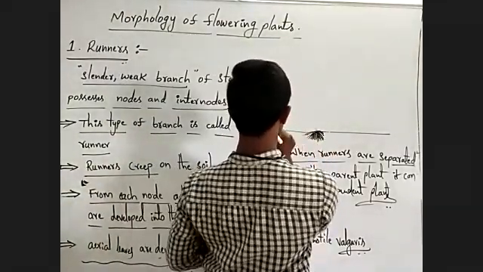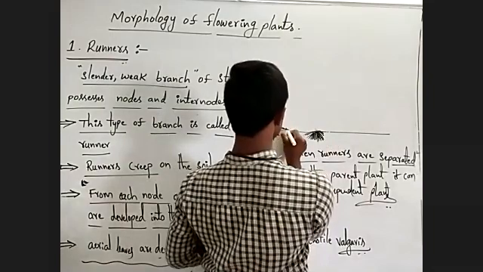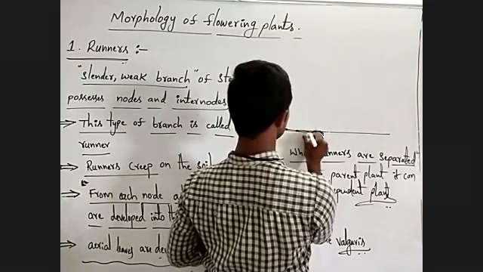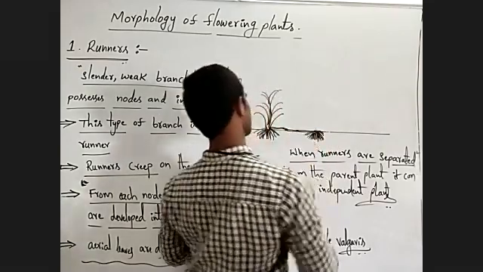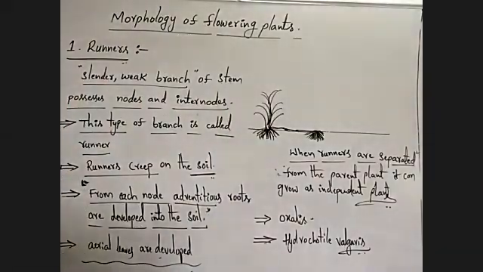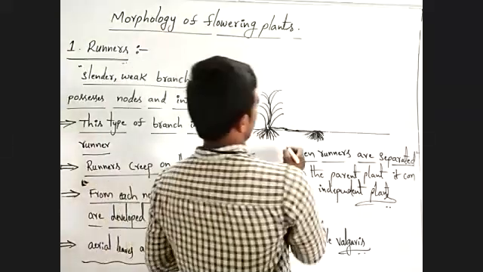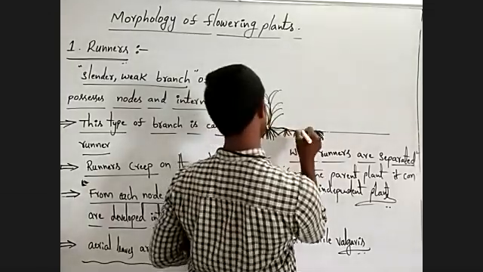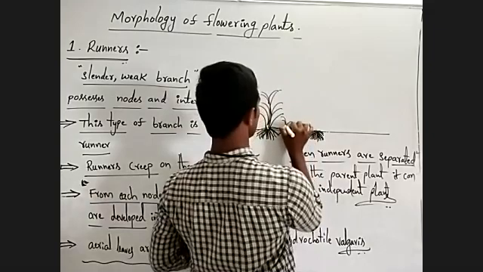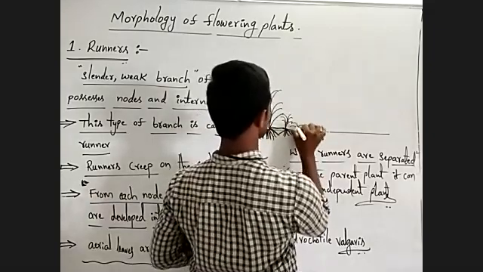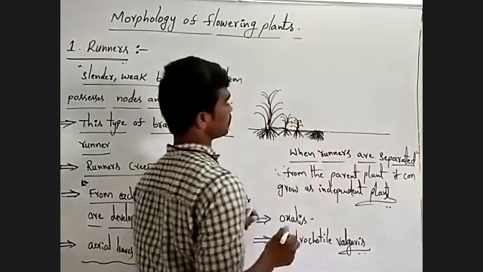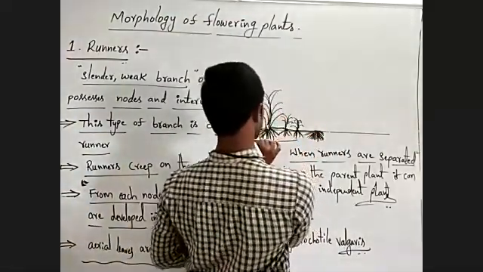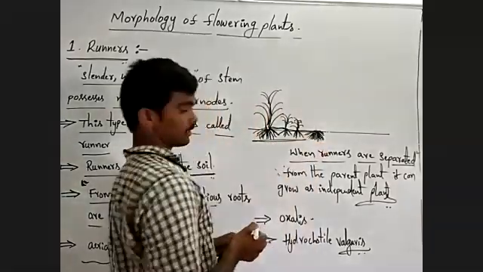It forms lateral branch like this. It possesses nodes and internodes. From this node, adventitious roots are developed into the soil. Next, the aerial stems start growing.